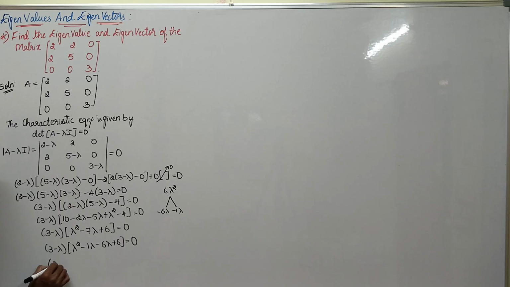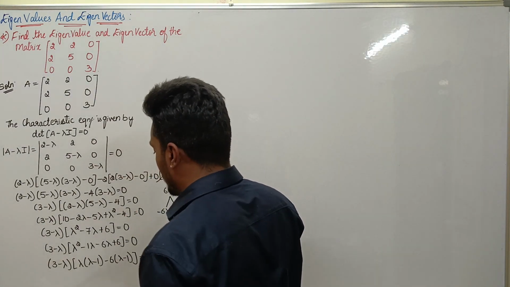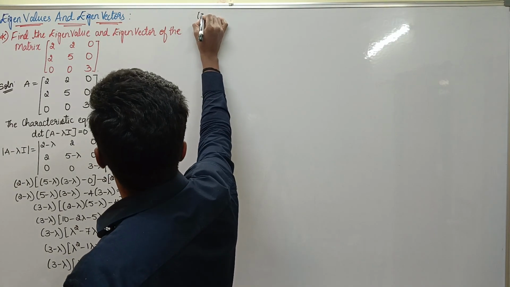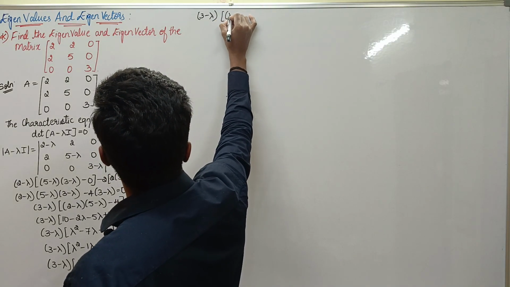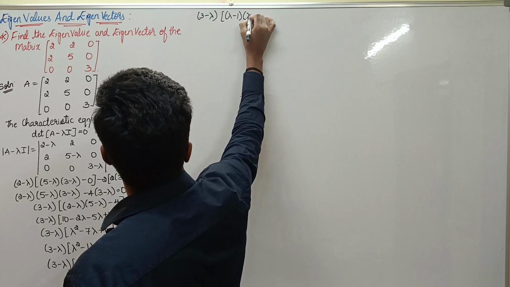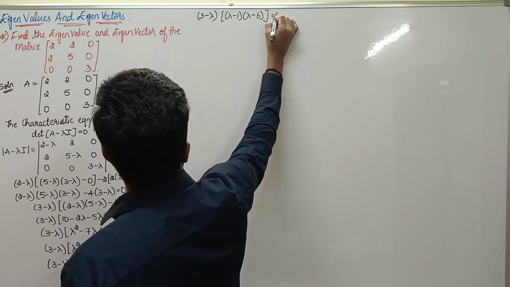Now that is 3 minus lambda into lambda into (lambda minus 1) minus 6 into (lambda minus 1), which is equal to 0. Now representing the equation, 3 minus lambda into lambda minus 1 into lambda minus 6 equal to 0.